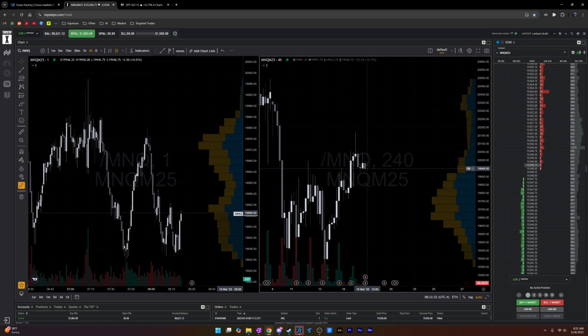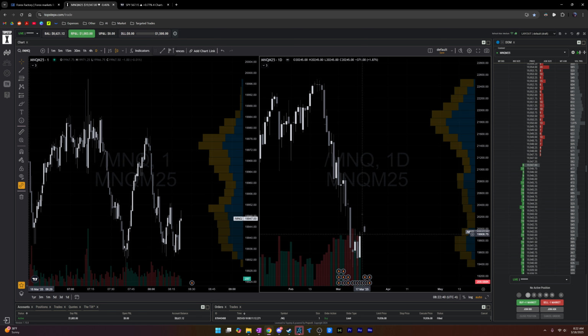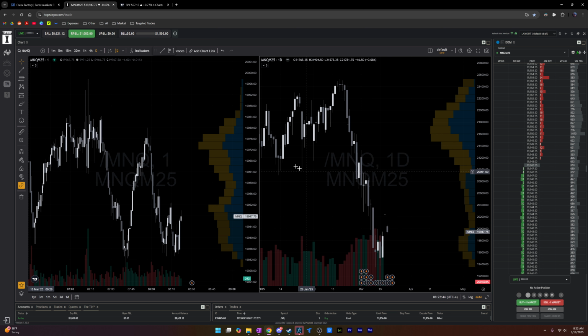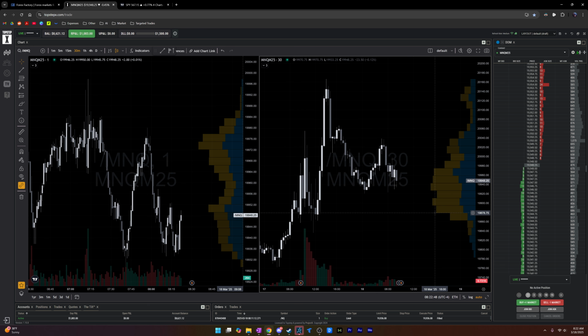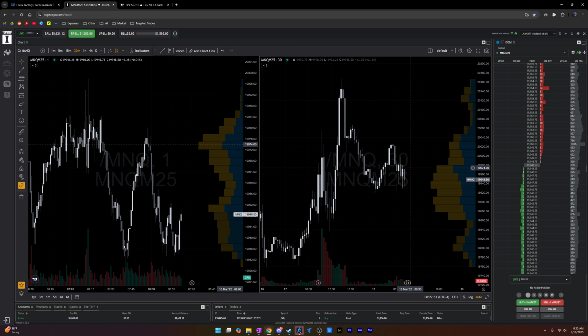This doesn't close till 10 a.m., so we still have an hour and a half. And the daily, I don't know what's wrong with the daily. It's bugged out, but it's okay. So I think the longer time frame is a little bit bearish.